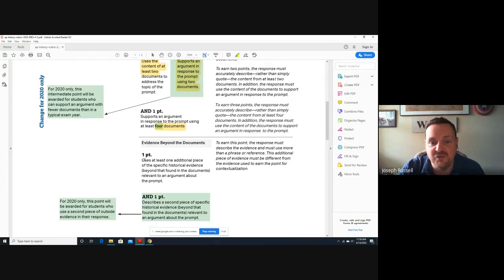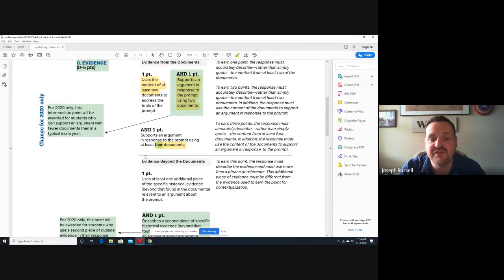So if we back up here and we look at these total of 5 points, if you can just use a couple of documents and then use them in a way that supports your thesis, and then you have just one single piece of outside historical evidence that's not in the documents that you can use to support your argument, right? That's not a lot of stuff, and you've got 3 of the 5 points that you can get in category C, in the evidence category.